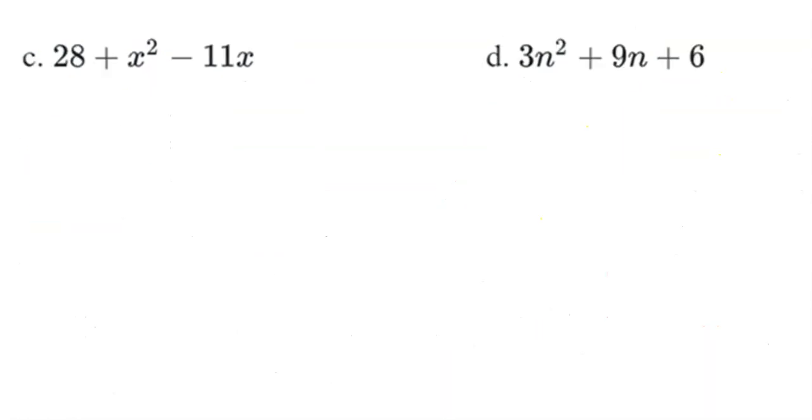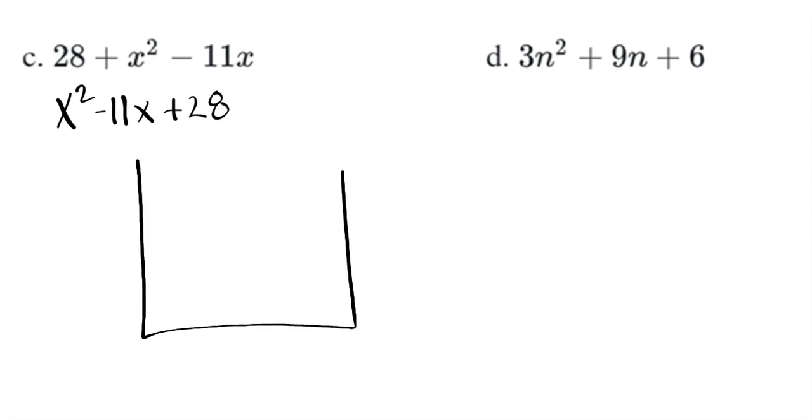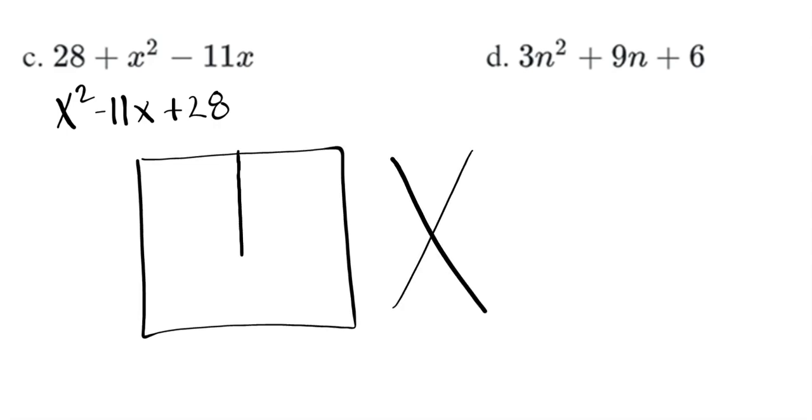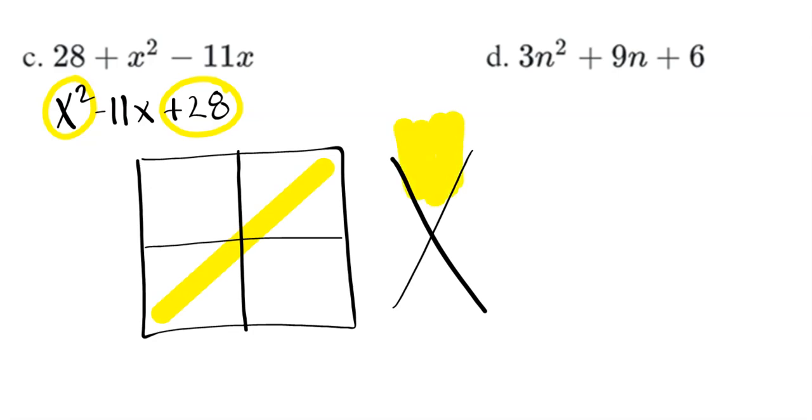Okay, so now we got this here, so I'm going to rewrite this as x squared minus 11x plus 28, just because I like to. And then I'll put this over here, and then I'll move it over later. Okay, and we know that our two leading terms are here and here. And when we put them, they're going to go like this and multiply, and we're going to get something that goes here.